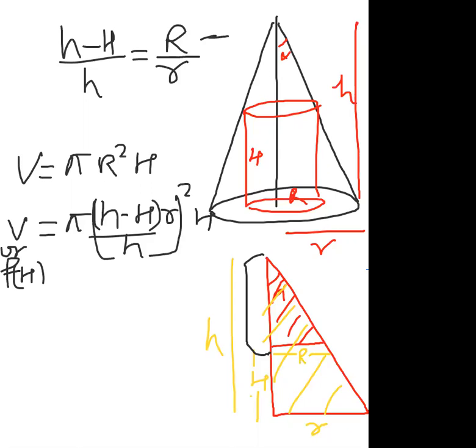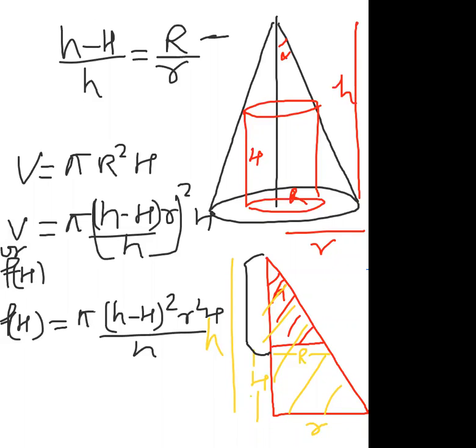Now I could write V(H) equals pi r square (h minus H) whole square H upon h squared.